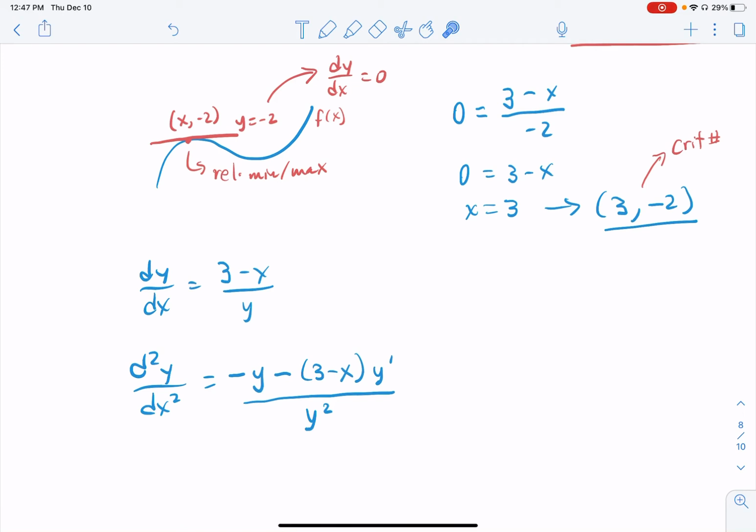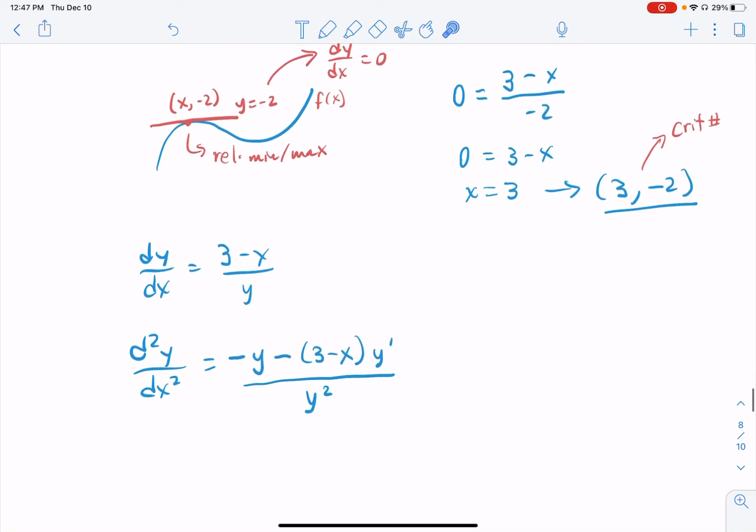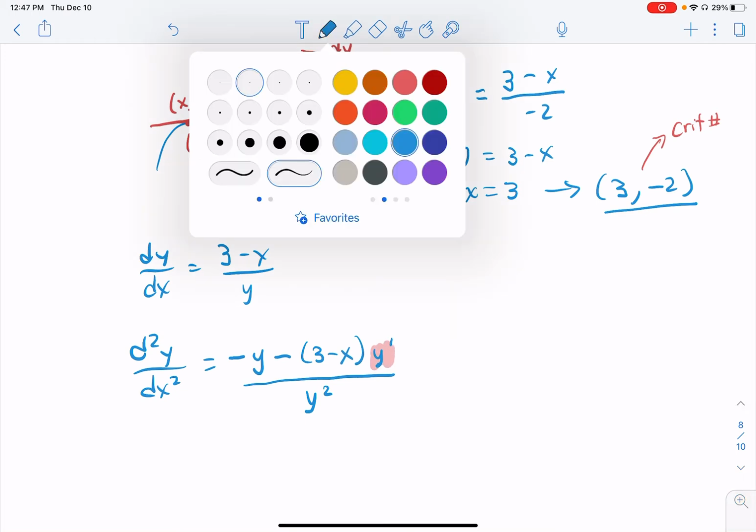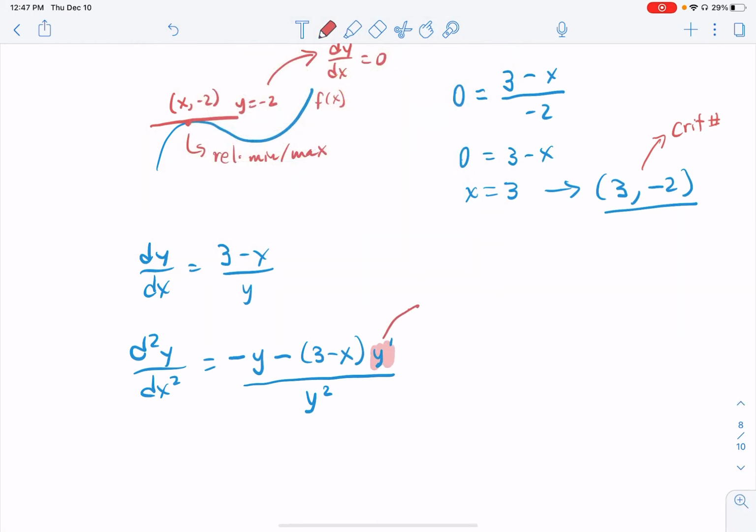I'm not going to do that in this particular case, and the reason why is because I'm about to evaluate the second derivative at this critical number, and I already know what the slope is supposed to be there. The slope there is going to be 0, right? So I'm just going to highlight that y prime at (3, -2) should be equal to 0.